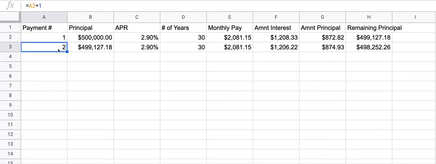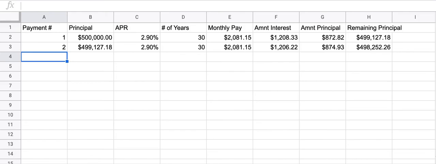Okay. What this is going to do is now every cell after this is going to use the cell before and add 1 to it. So if I were to copy and then paste, this cell is going to use that 2 and then add 1 to it, which makes it 3. And so on and so forth, 5, 6, 7. So we are numbering our payments.